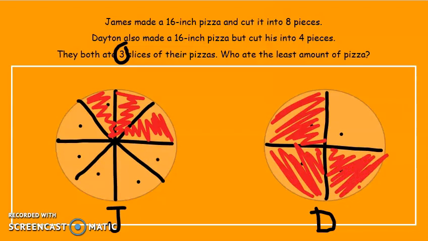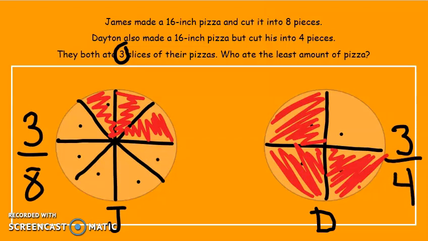All right, now this is another problem just like the one before. I think we can see who ate more just by looking at the models we've drawn. But let's talk about it a little bit, because if we were to see 3/8 and 3/4 written, we might think that this is our bigger number because of the 8 on the bottom.